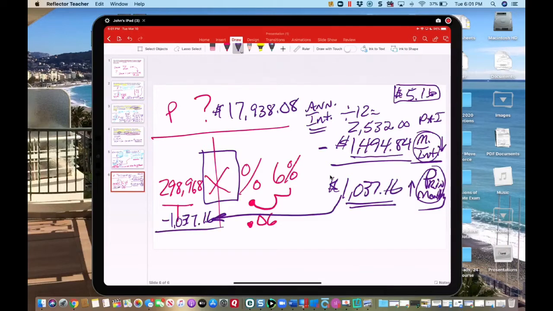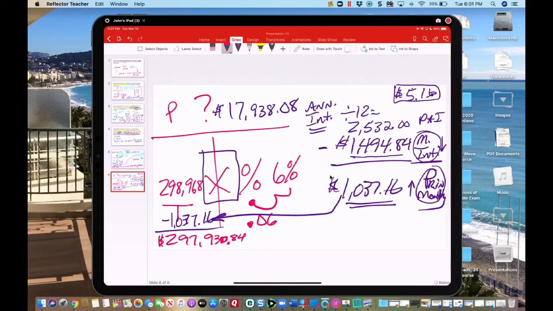So when we take $298,968 and we subtract $1,037.16, we get a new loan balance of $297,930.84. And they won't usually give you down to the penny, so we would round this up to $297,931, but they could give you the change.